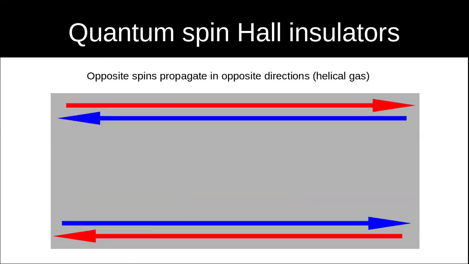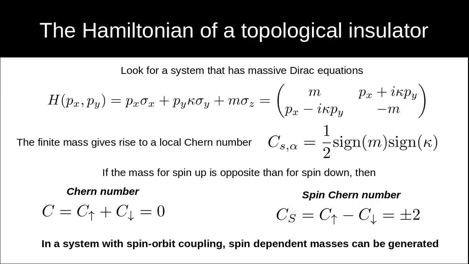So in a quantum spin Hall insulator, we effectively have just two copies of the Chern insulator. And in each edge, we have states that propagate in one direction for spin up and the opposite direction for spin down. So, of course, a very important question now is what could be the model that gives rise to a quantum spin Hall state?